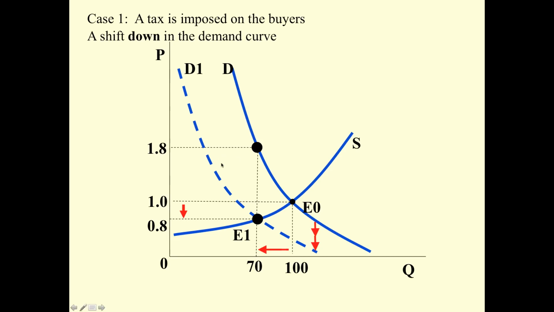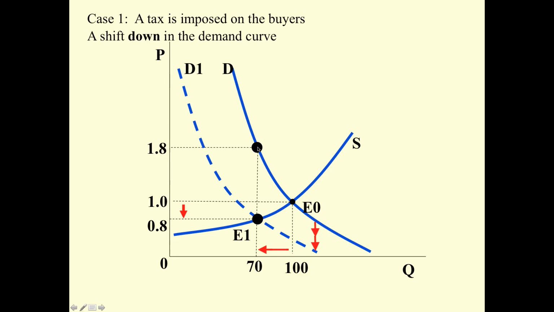Take, for example, right here. At this point, for the 70th unit, buyers are willing to pay $1.80 altogether. Let's suppose that the government puts a $1 tax on it. The buyers are still only willing to pay a total of $1.80, but now they have to pay two parties.